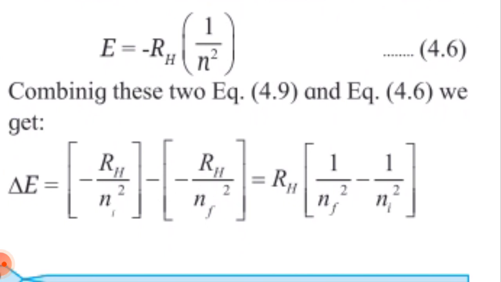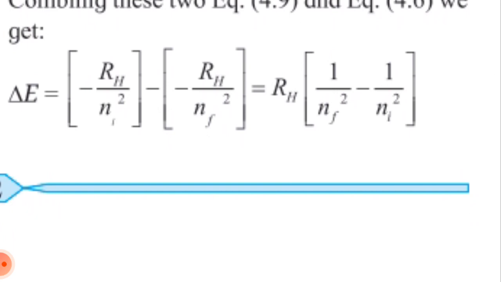Combining equation 4.9 and equation 4.6, we get delta E is equal to minus RH upon ni square minus minus RH upon nf square, which is equal to RH in bracket 1 upon nf square minus 1 upon ni square.